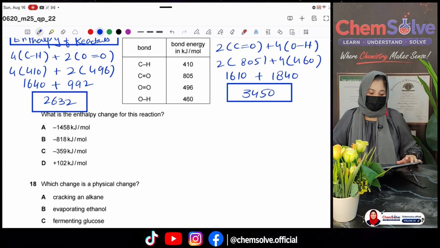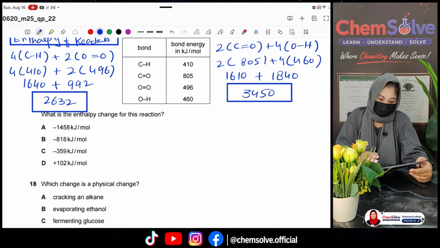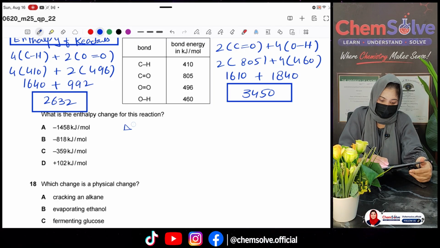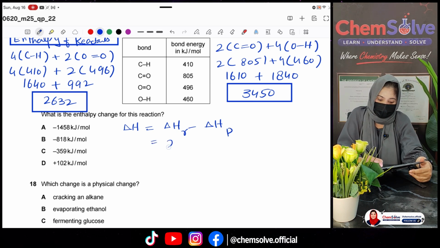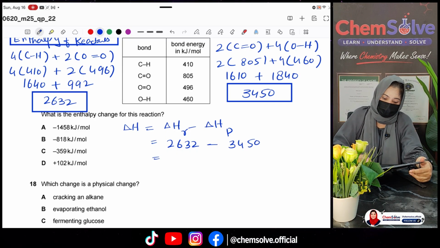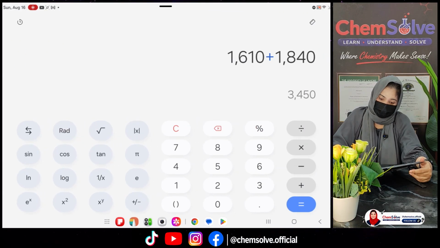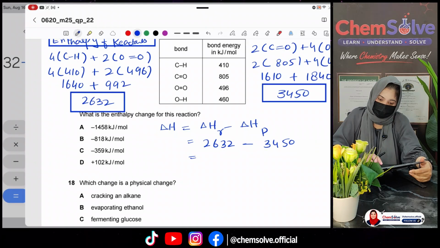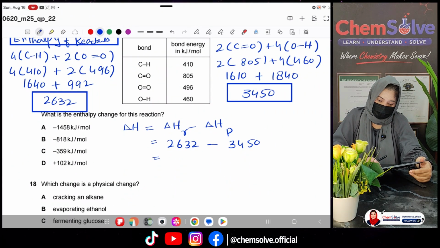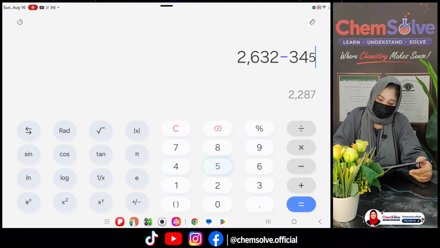Okay, so now the last step, that is delta H is equal to delta HR minus delta HP. So delta HR is 2632, delta HP is 3450. 2632 minus 3450.